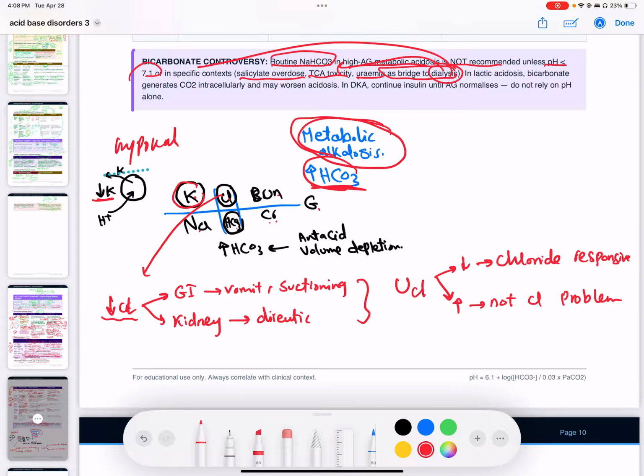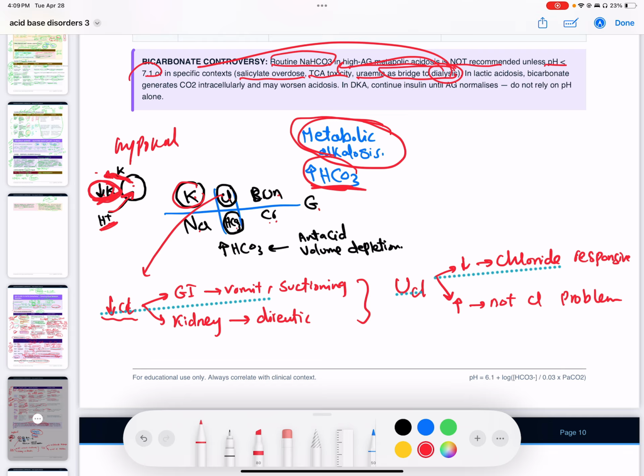How? You have hypokalemia, low potassium in the bloodstream. So what will happen? The potassium is mainly intracellular, so it will go from intracellular to extracellular to try to normalize this hypokalemia. In exchange for the potassium coming out, you get some hydrogen inside, and this will cause metabolic alkalosis.